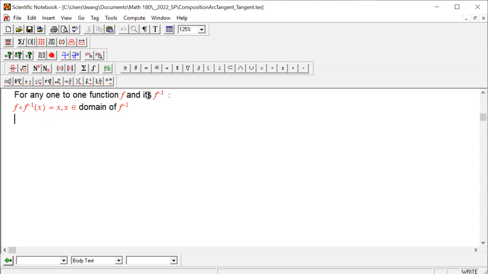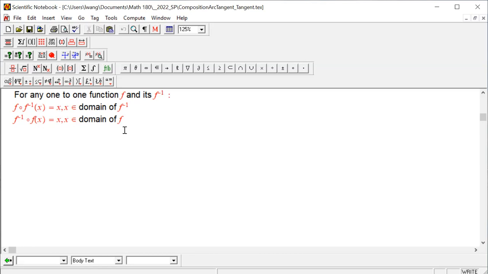And f inverse composite f on x, and this time x is from the domain of f, because the rule of f applies to x first.